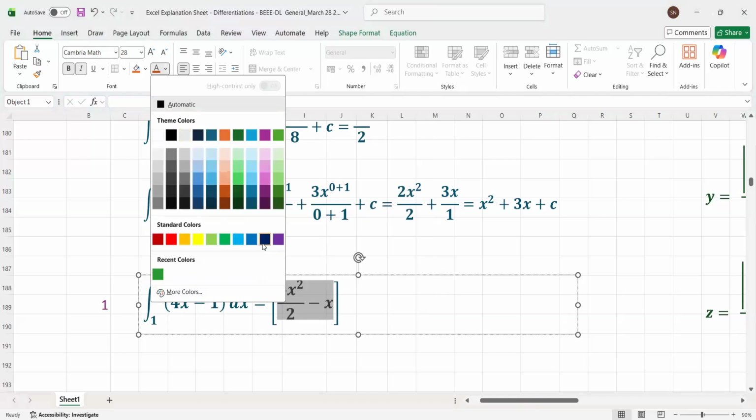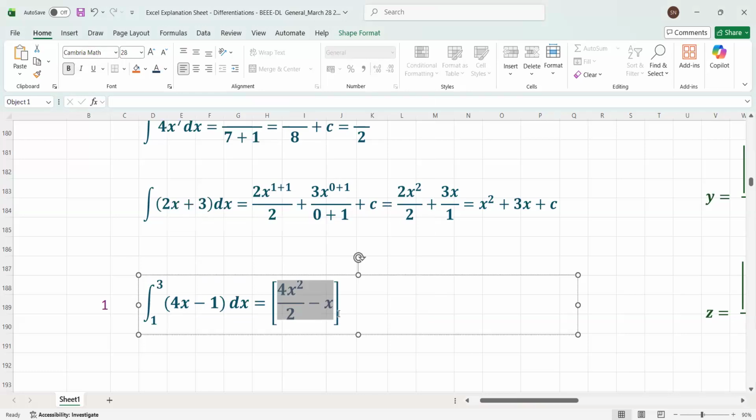So I think this was the equation, 4x minus 3. This function you have here is supposed to have upper and lower limits. So what it means is that you are now going to substitute the upper limit into the function. If I substitute the upper limit into the function, what will I get?